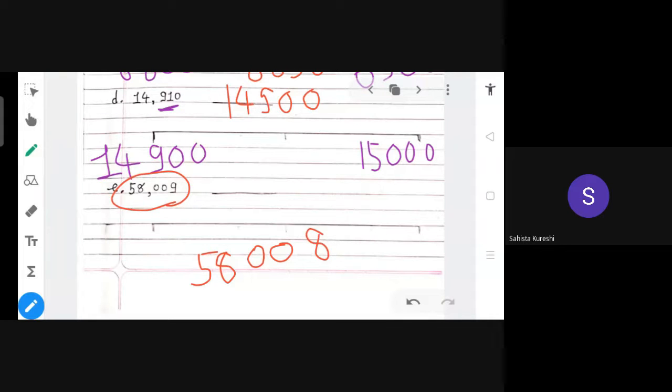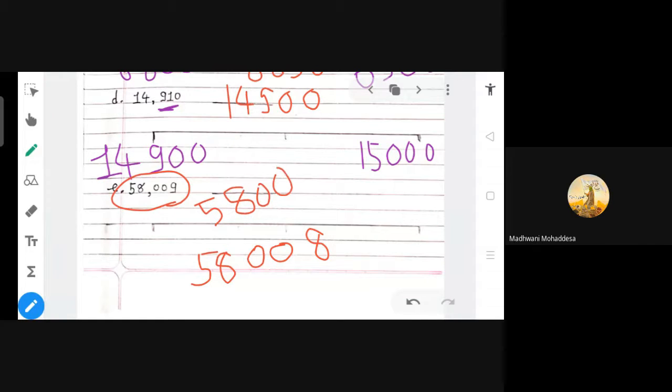Then before that 58,007, then 58,006, 58,005, 58,004, 58,003, 58,002, 58,001. Then 58,000. You will get 58,000.